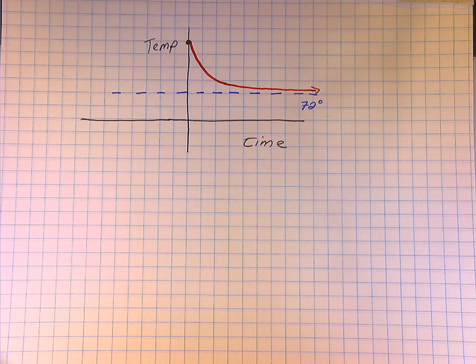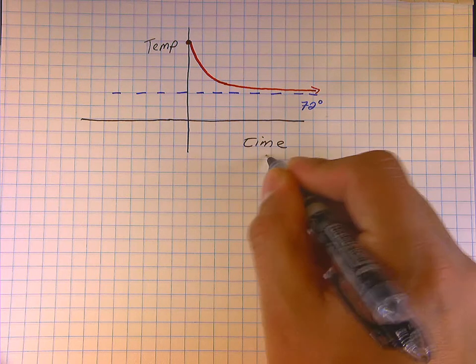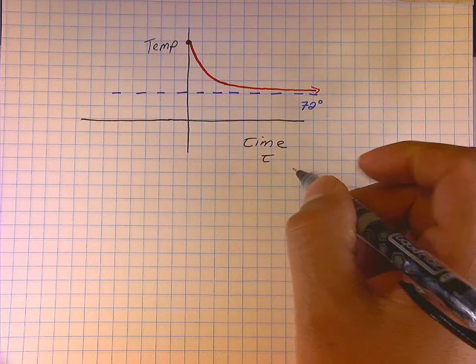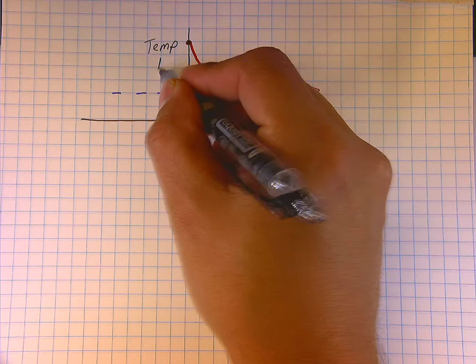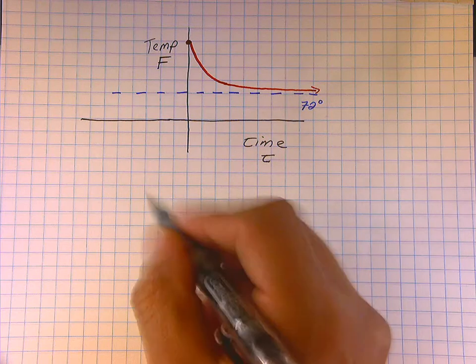This is an example of a horizontal asymptote. According to Newton's law of cooling, it never actually reaches 72, but that's not really relevant for our purposes. What we're concerned with is that the temperature is approaching 72. And I would write this, basically let's let little t equal our time, and I'll let F be our temperature in degrees Fahrenheit.